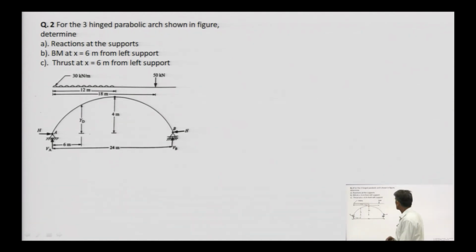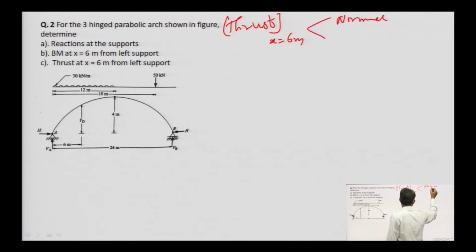So, what we are going to calculate? Thrust at x is equal to 6 meter. So, it is normal or radial, okay.